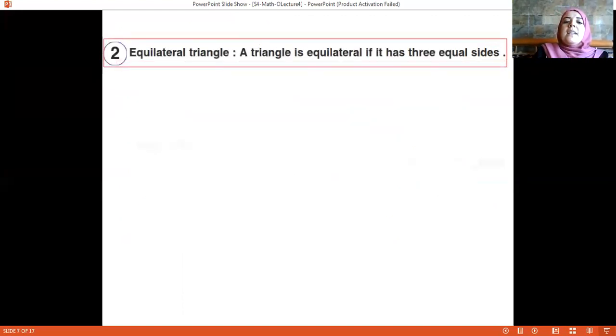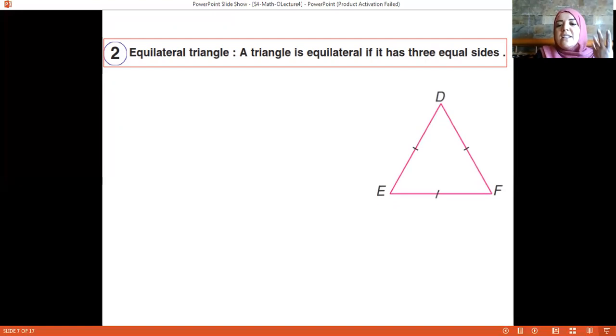Okay? Now let us go for the second particular triangle, which is an equilateral triangle. A triangle is said to be equilateral if it has three equal sides and three equal angles. In this case, we don't have a main vertex because all of them are mains. They all have the same value. If you look at the figure, we have triangle DEF.